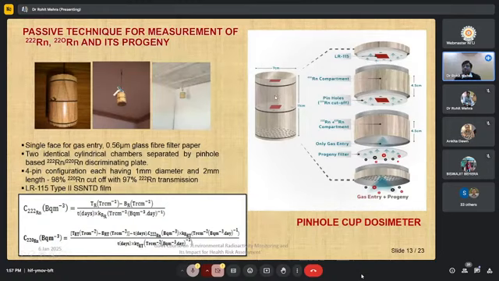And if you see from the figure, in this pinhole cup dosimeter, there are two red color tapes. So this is a detector which is a cellulose nitrate detector. Presently, its manufacturing has been ceased. We are working on some other detectors also, CR-39 and other cellulose nitrate films, which are sensitive to the energy emitted by the alpha particles of radon and thoron.